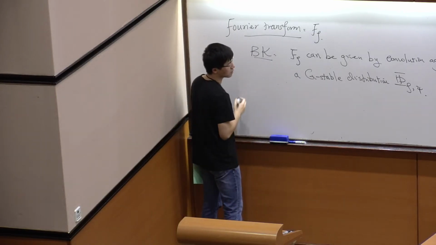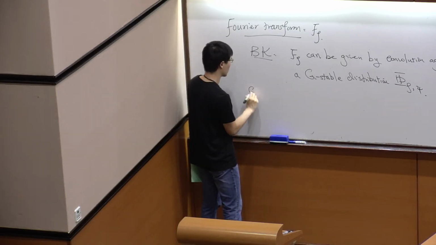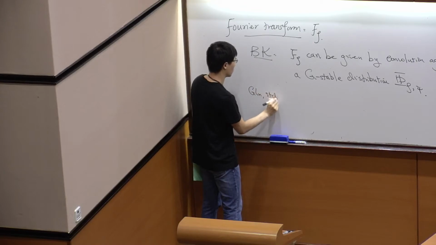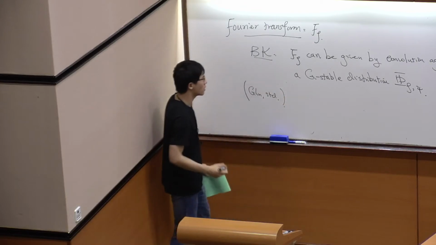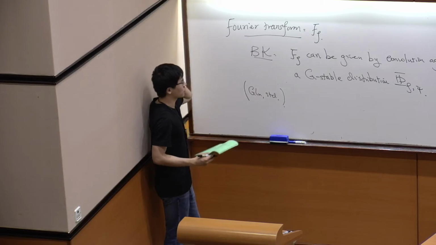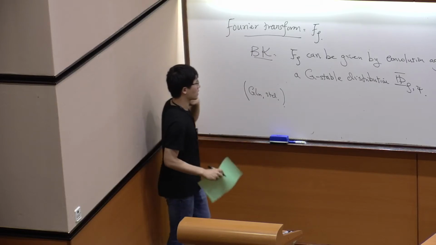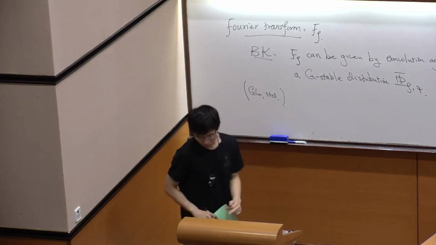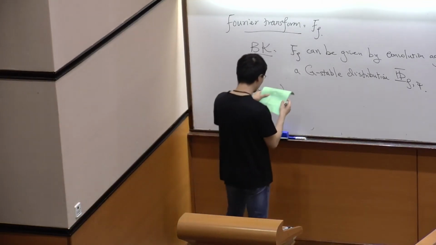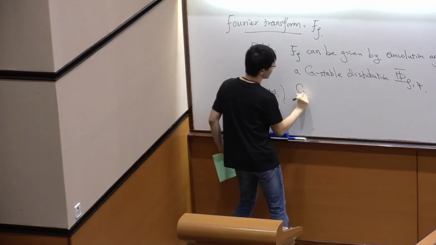Again, let's start with the standard case. Let's first see that in the standard case, we can really write down the Fourier transform as a convolution against a G-stable distribution. Then we have the embedding.